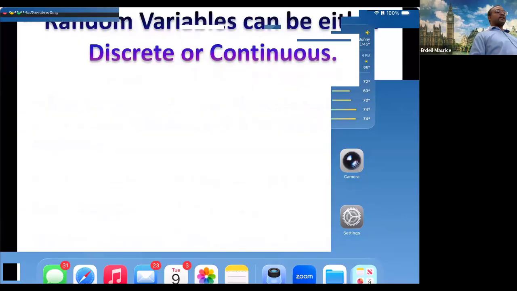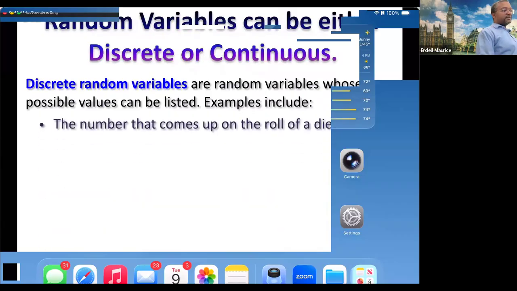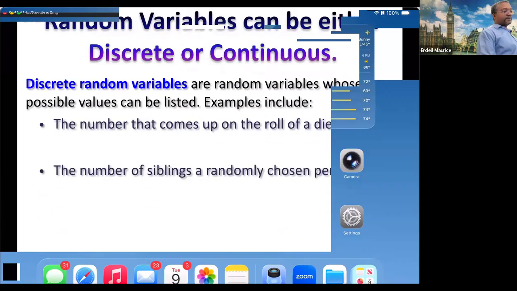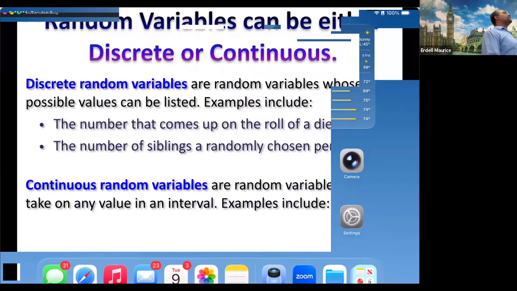There are two kinds of random variables: discrete random variables and continuous random variables. With discrete random variables, the numbers are whole numbers. They're numbers that can be written down always. Examples of discrete random variables: the score when you roll a die, the number of children a family has, the number of siblings a person has, or the number of shoes you have in your closet.